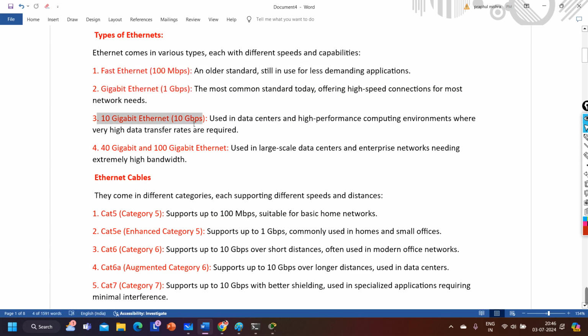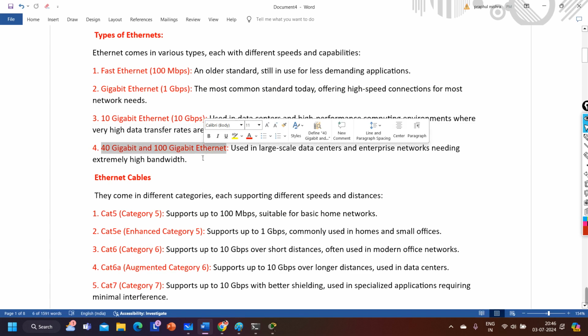Then for data centers we have 40 gigabit and 10 gigabit. 10 Gigabit Ethernet is used in data centers and high performance computing environments where very high data transfer rates are required. Then guys, we have 40 Gigabit Ethernet.